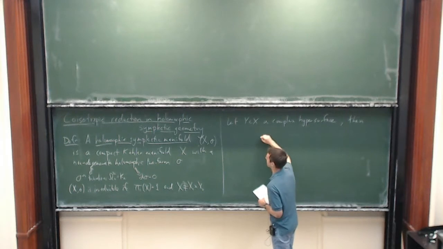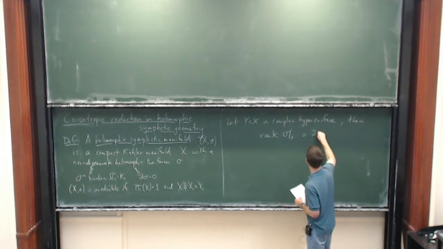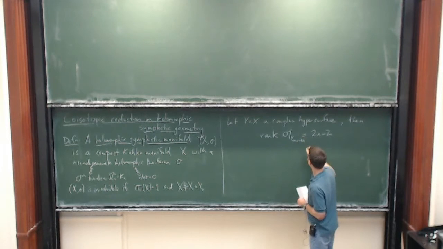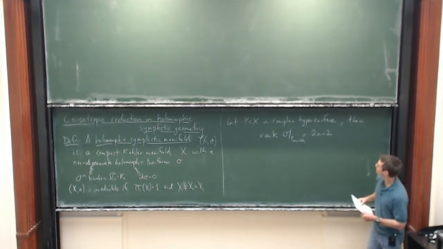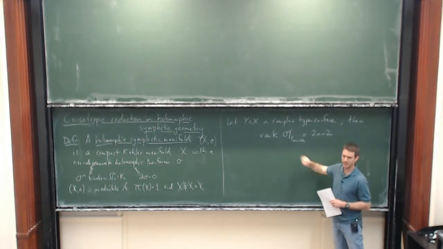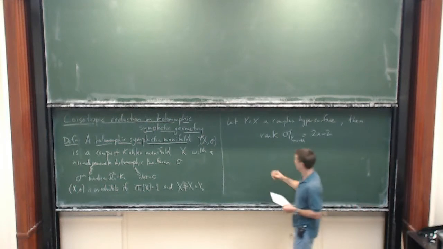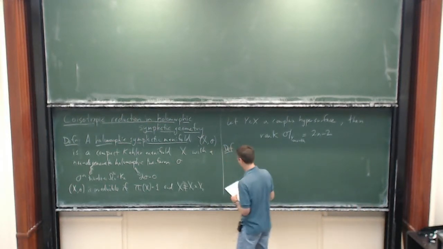So the rank is going to drop. And what you find is that the rank is going to be 2n minus 2, at least on the smooth part of Y. Okay. And so you can look at the directions in Y in which this thing is becoming degenerate. Okay. And that gives a distribution and, in fact, a foliation on Y.